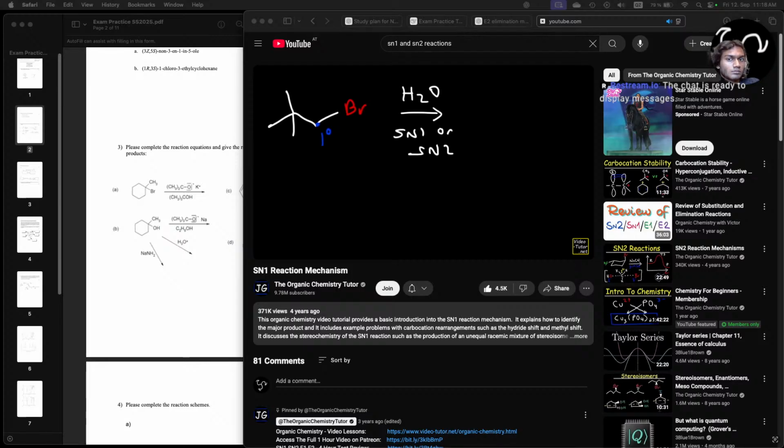Now, the second factor that doesn't work well for the SN2 reaction is the fact that we have a quaternary carbon next to the primary carbon. And so, because of this bulky group, it's going to generate steric hindrance to the nucleophile. It's going to be hard for the nucleophile to approach from the back because of all these three methyl groups.